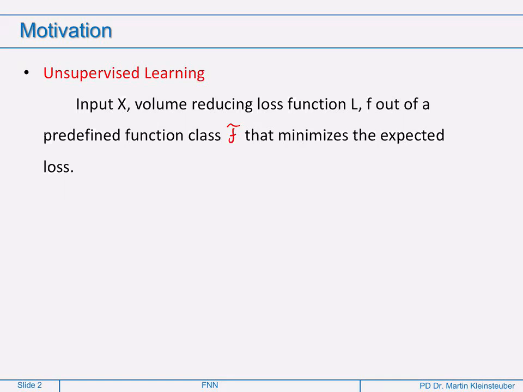The example that we just had with this autoencoder was that F is the class of functions W times V, and W is in R^(P times K), and V is in R^(K times P), for example.